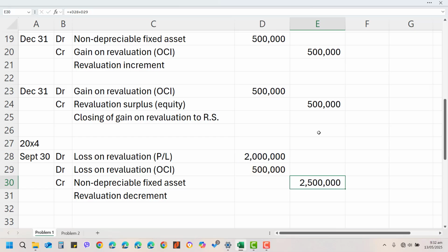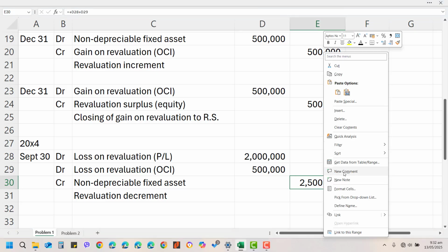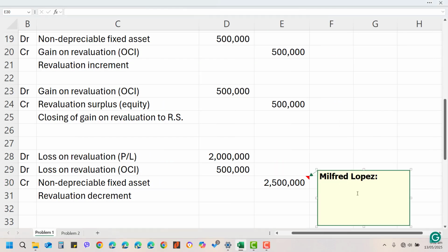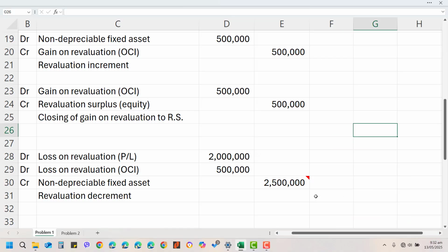Which is the difference between 10.5 million less 8 million, the new value as of this period.